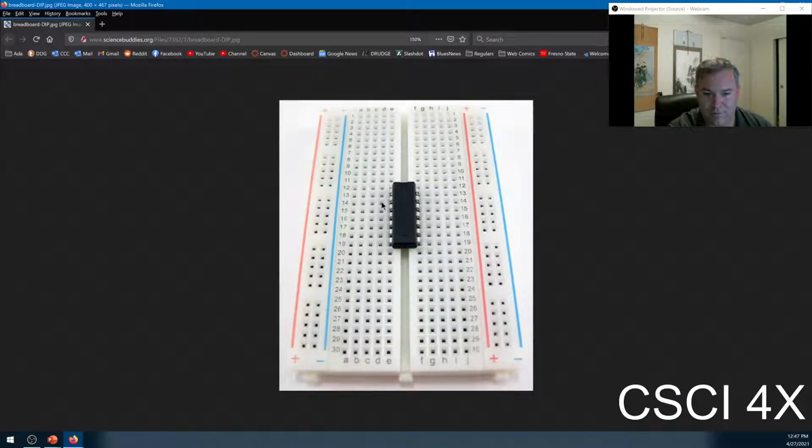And I attach them to, I don't know, that pin and that pin there. Then if I send high volts from the Raspberry Pi, the chip is going to read in high volts. If I send low volts in from the Raspberry Pi, this is going to read low volts. And then the chip is going to send out on all of these pins horizontally the result of the NAND here. And then I could wire that into a motor or something like that.